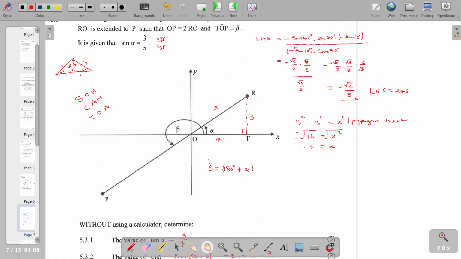It was possible to apply this here. You are told that OP is 2 OR. So we can say that OP here will be equal to 2 times OR. OR we said it's 5. So it will be equal to 2 times 5, which gives us 10. Then drop a perpendicular here.